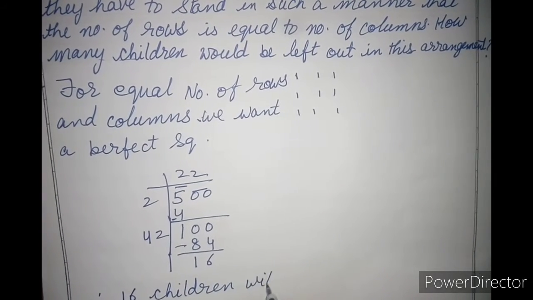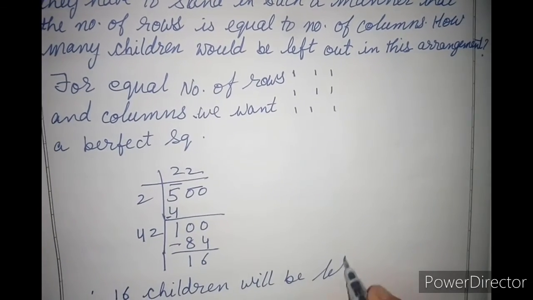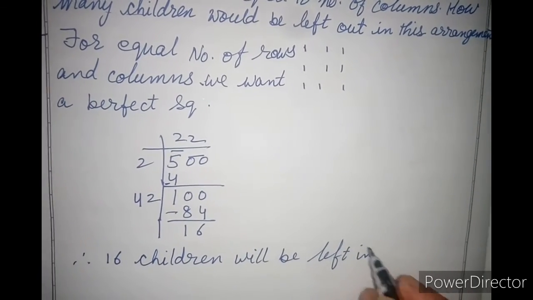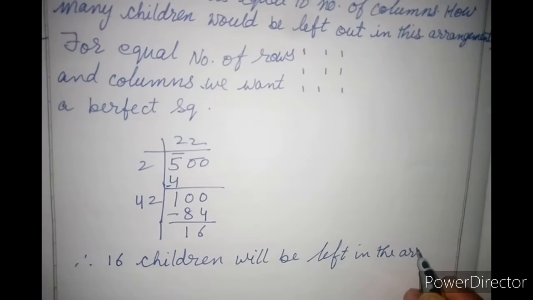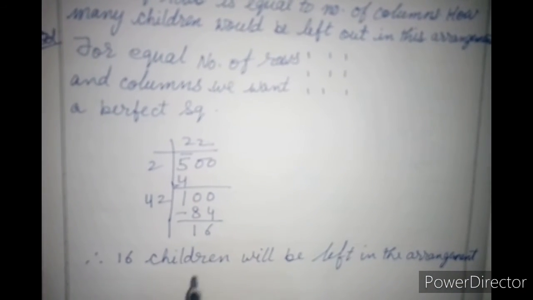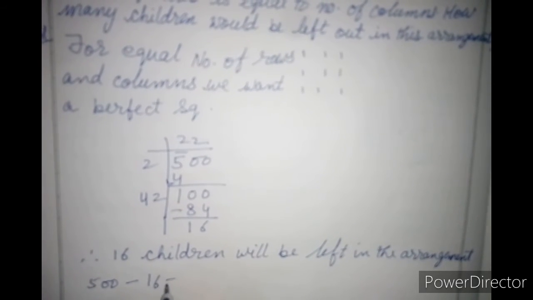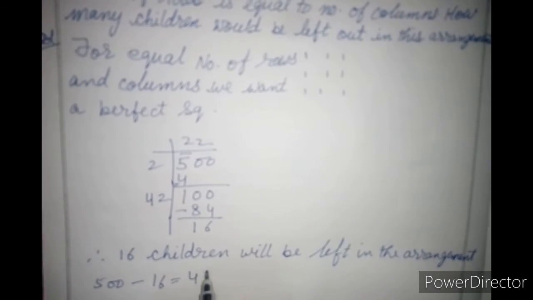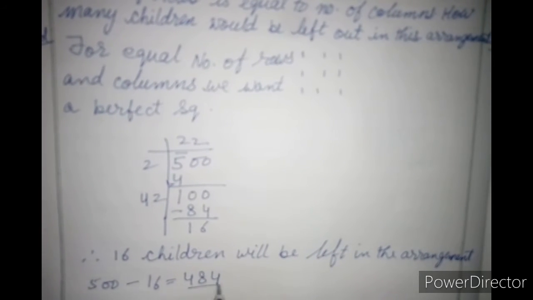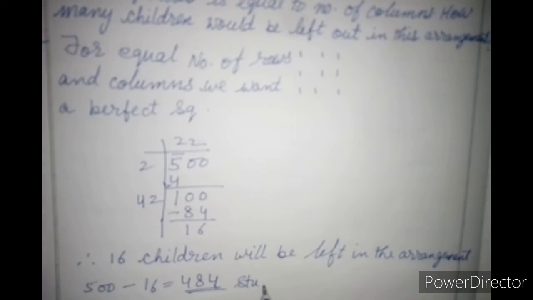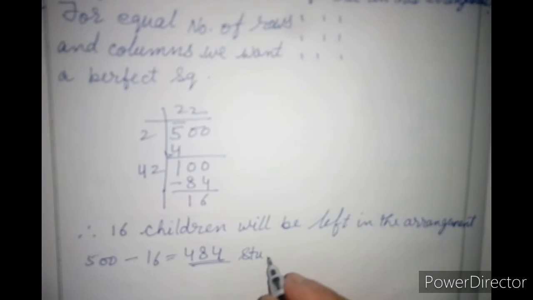will be left in the arrangement. And if you subtract, 500 minus 16 is equal to 484 children.